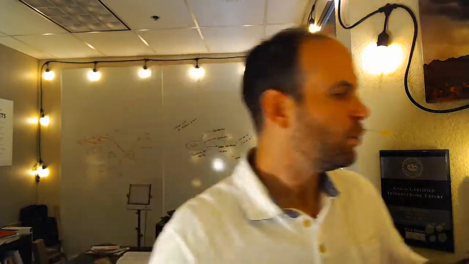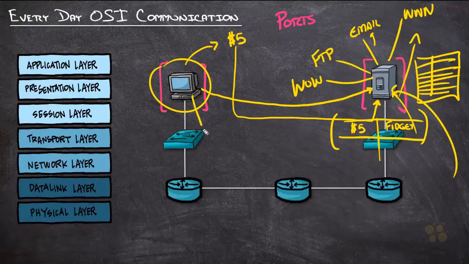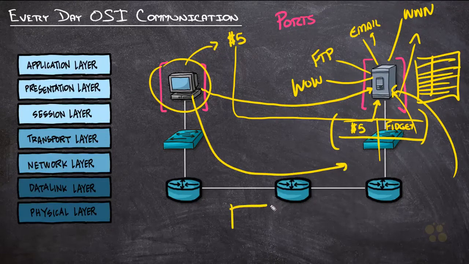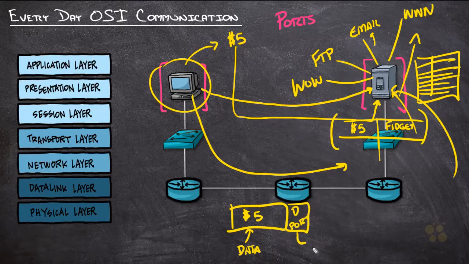Here's what I mean. When that cash register sends its communication, let's just say the $5 purchase is its data. And by the way, I'm going to start doing this as we go. It's going to send it to the destination server on a specific destination port. Let's just say it's 5,000. When that server receives that $5 purchase, it's going to look at the destination port and look at the applications that are running.